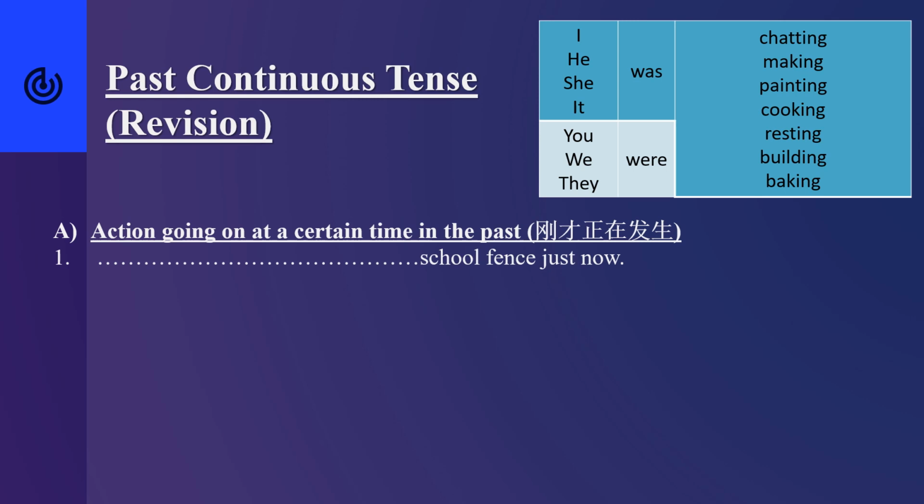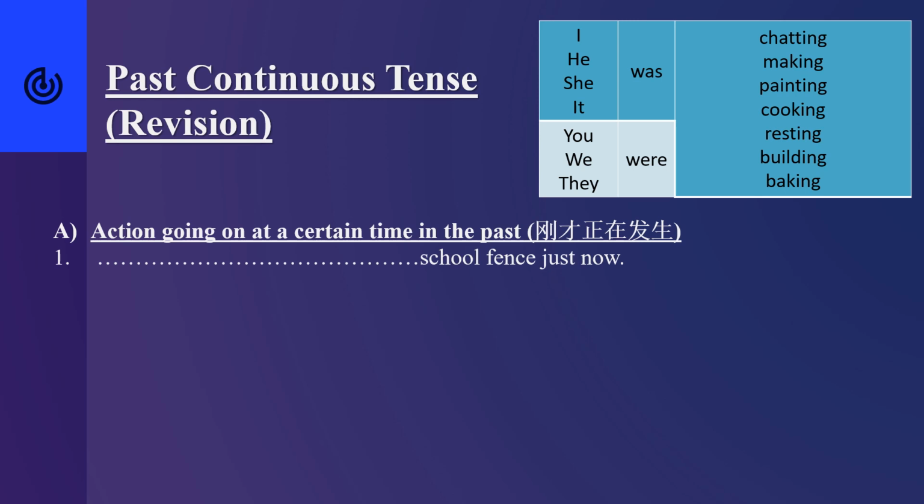You can see the verb painting, was or were painting. I repeat. 那些男孩子，很多的男孩子，刚才正在油学校的篱笆。If you think that I'm too fast, you can pause, write your sentence first, then continue with number 2.